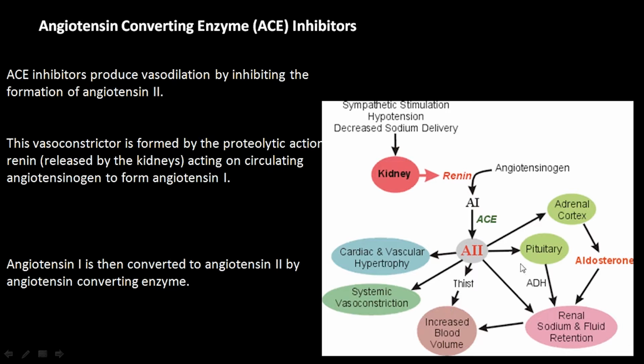A1 is called angiotensin 1, which leads to angiotensin 2 by this enzyme ACE. So there are drugs which block this enzyme ACE, and so A1 doesn't get converted to A2, so the vasoconstriction doesn't happen. This is how these drugs work. They are called ACE inhibitors.